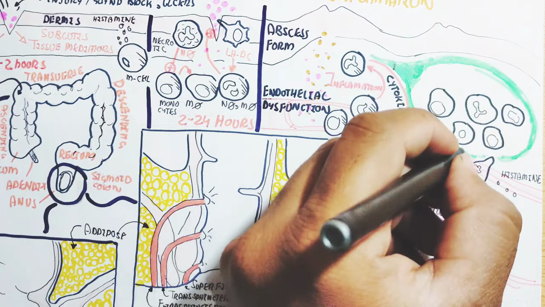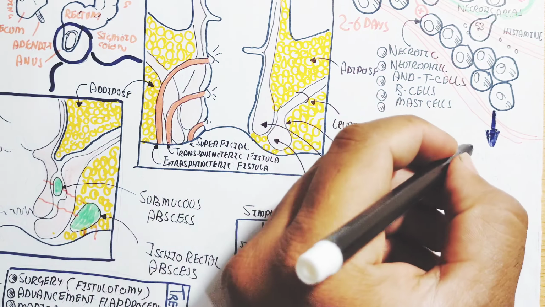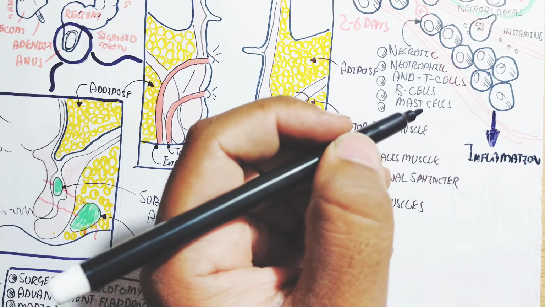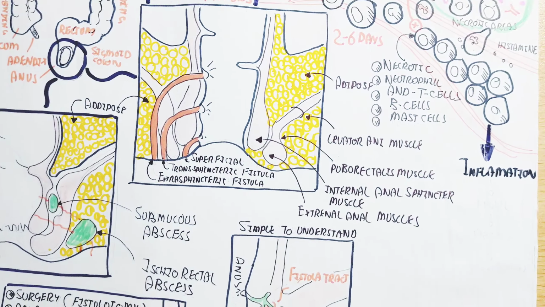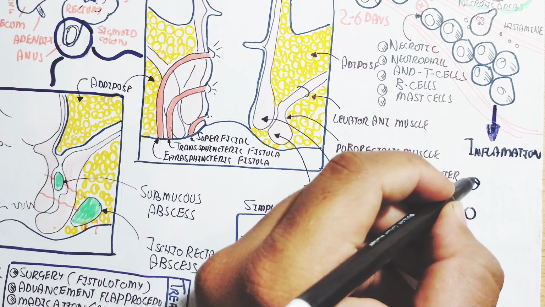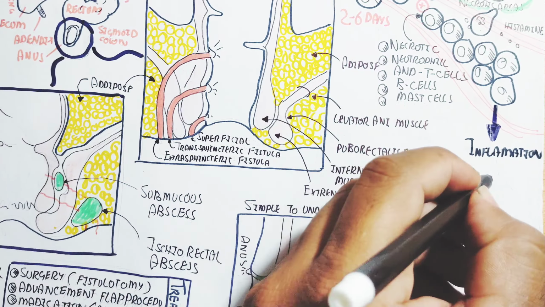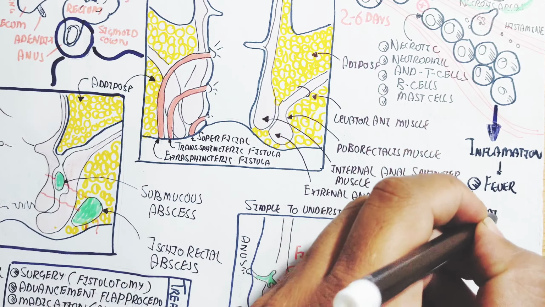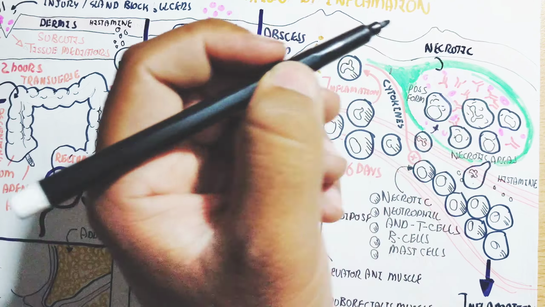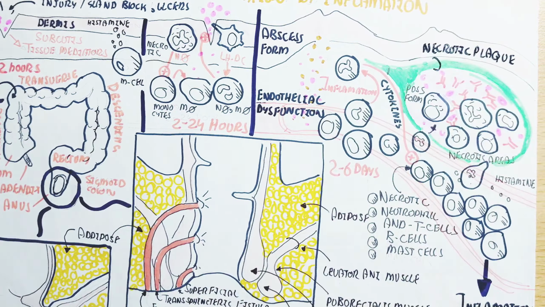Some dead cells will lead to an increase in the necrotic plaque, and this pus will ultimately rupture and drain the pus from inside, like inside the anus, or outside near the anus, as shown in the diagram previously. In this way, inflammation will progress and lead to fever, pain, and increased exudation. So this necrotic plaque formation will occur.